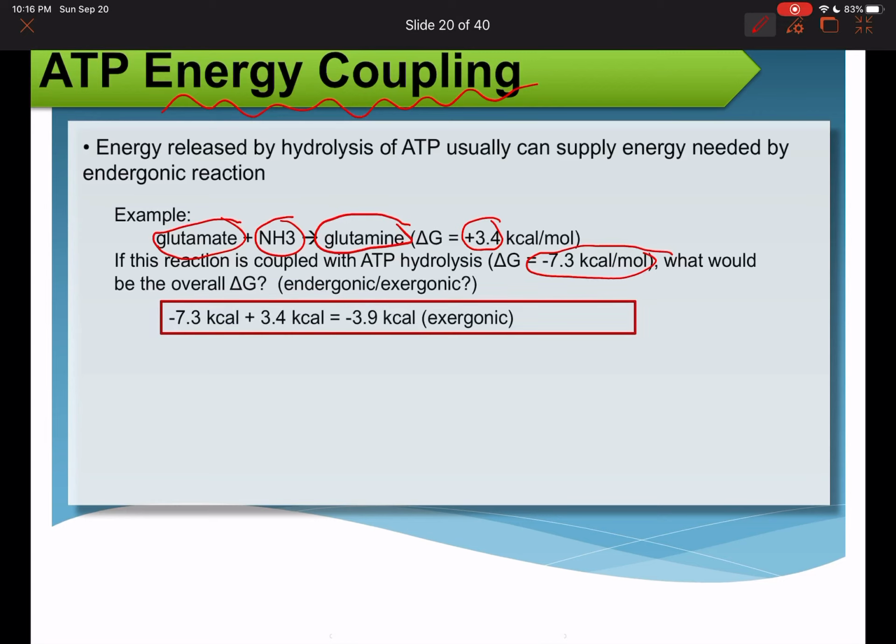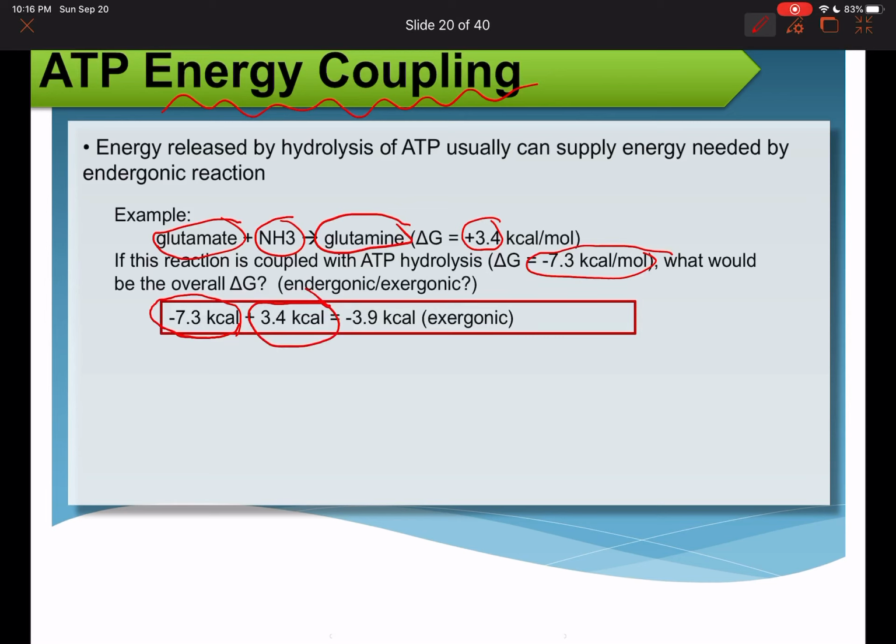Okay, so we have one molecule of ATP that is able to provide us negative 7.3 kilocal of energy. This reaction right here requires positive 3.4 kilocal of energy.